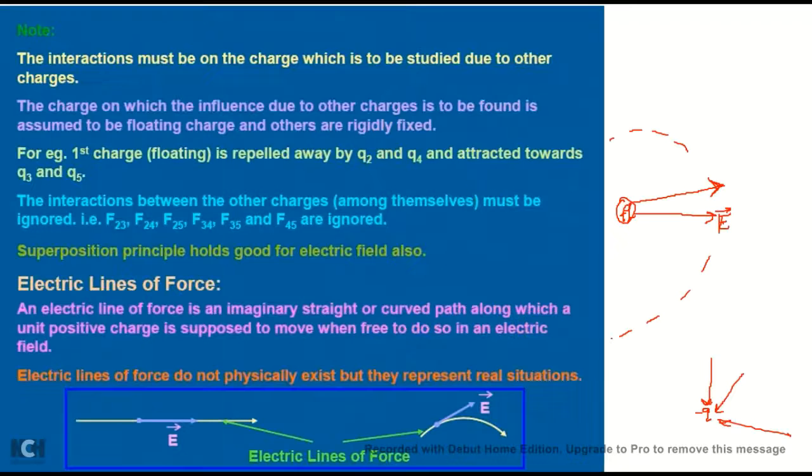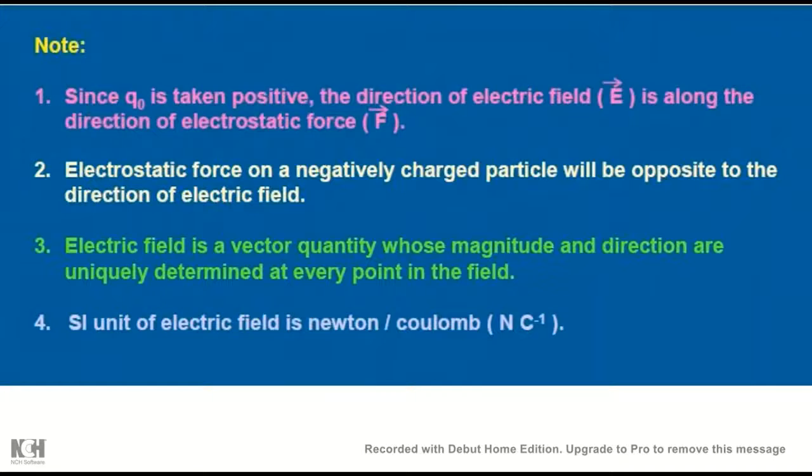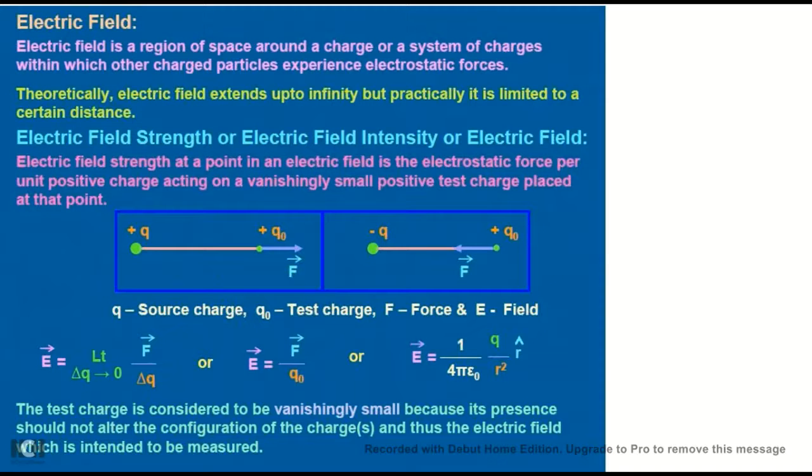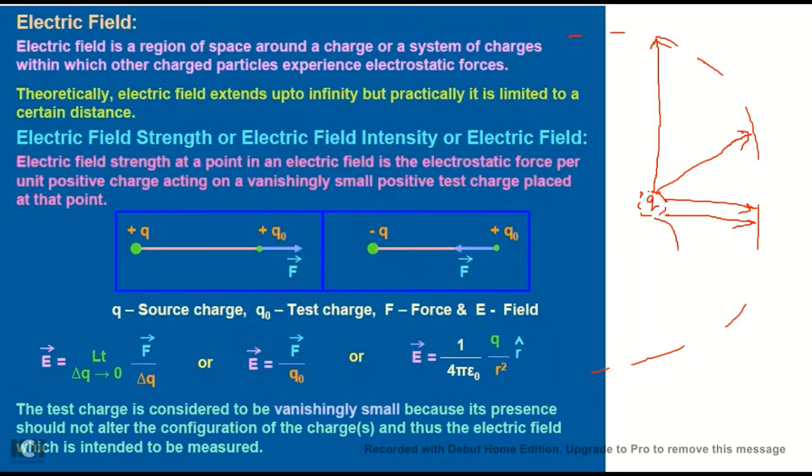But for a larger charge, let's suppose there is a very large charge, and that very large charge has an electric field for a very big region around it. So we assume the electric field lines will follow a straight path. But in case they are making a turn, then the direction of the electric field line at a certain point will be given by the tangent drawn at that point.